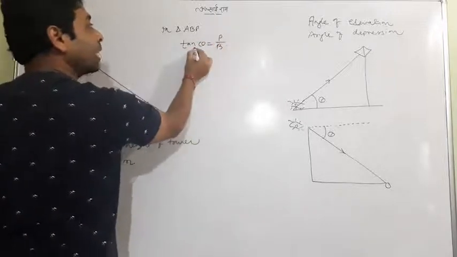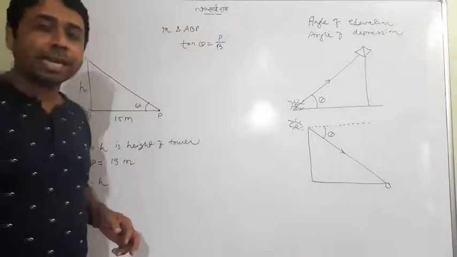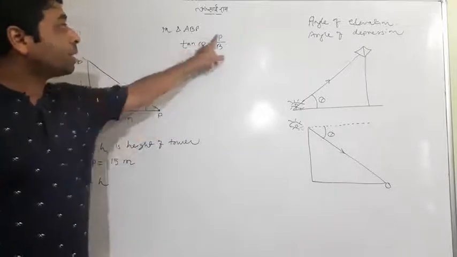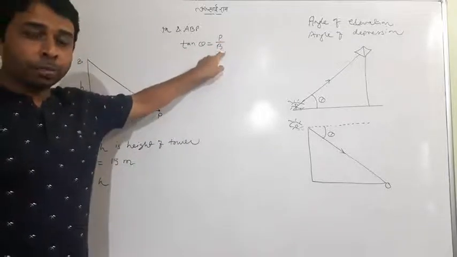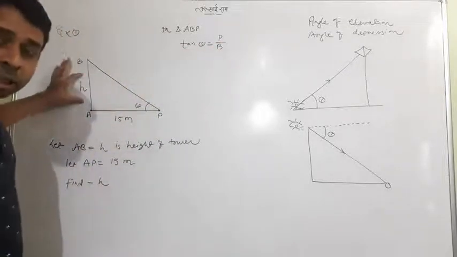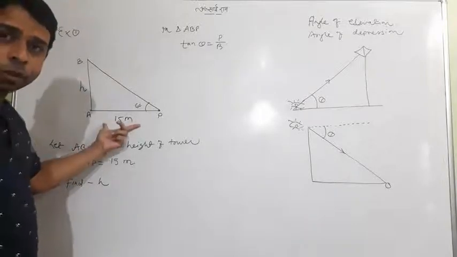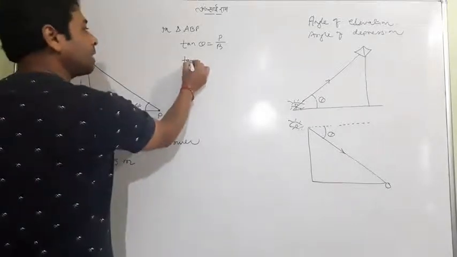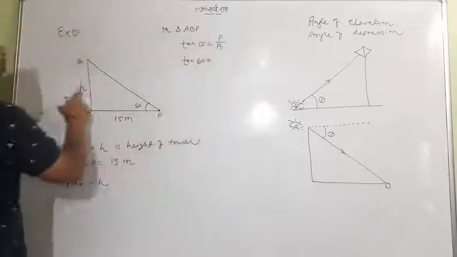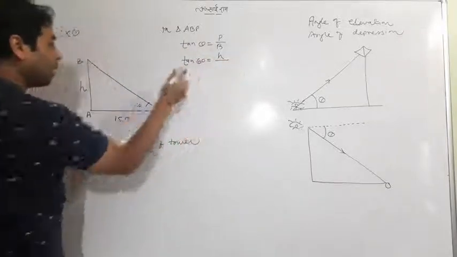Why am I writing tan? Why haven't I written sine or cos? Because tan tells us the relation between perpendicular and base; the perpendicular I need to find and the base is given. So that's simple. Now theta is 60, perpendicular is h and base is 15.